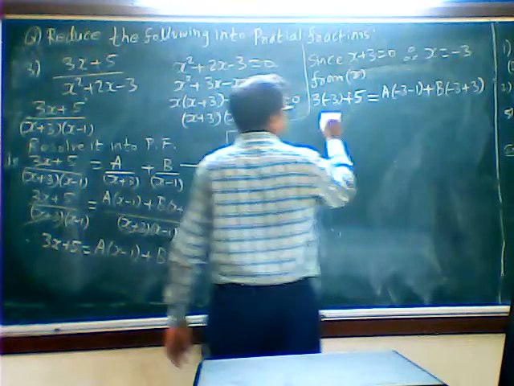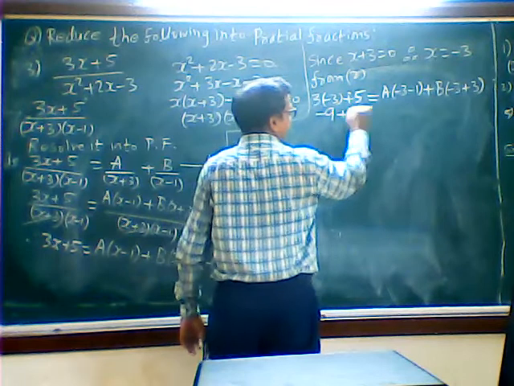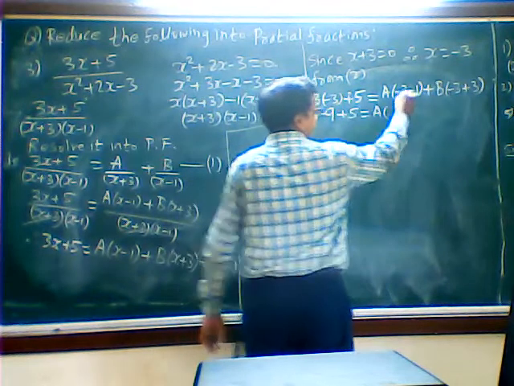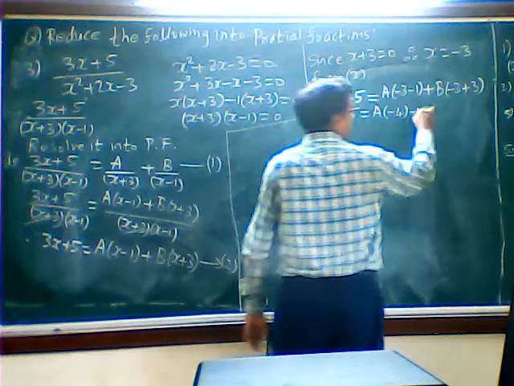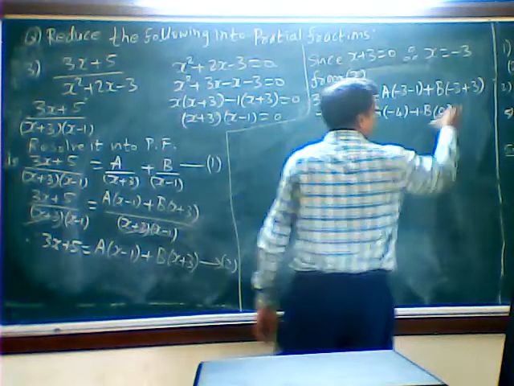So 3 into minus 3 is minus 9 plus 5, a into minus 3 minus 1 is minus 4, plus b into minus 3 plus 3 is 0.